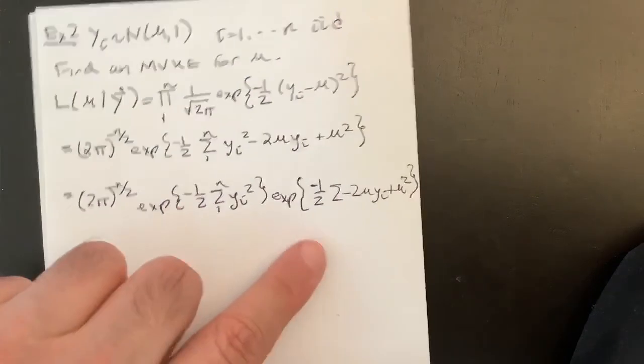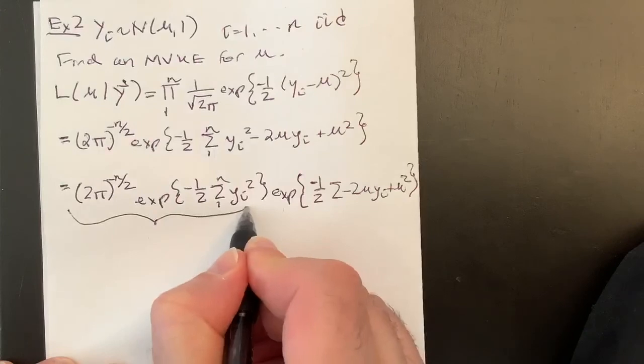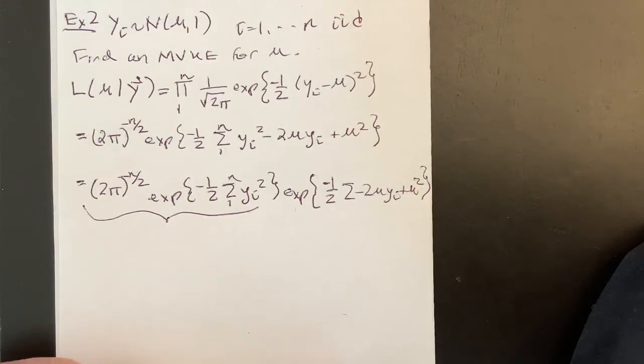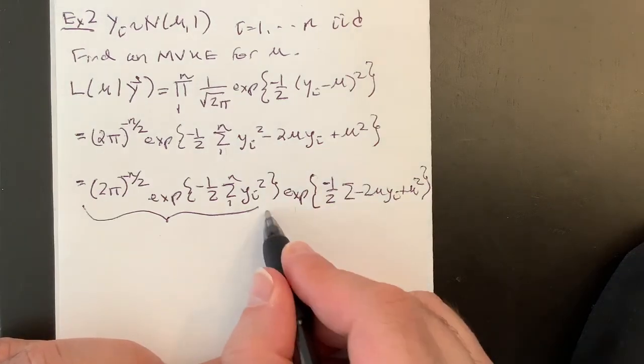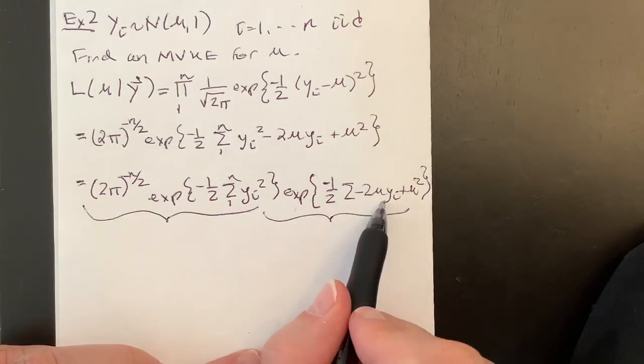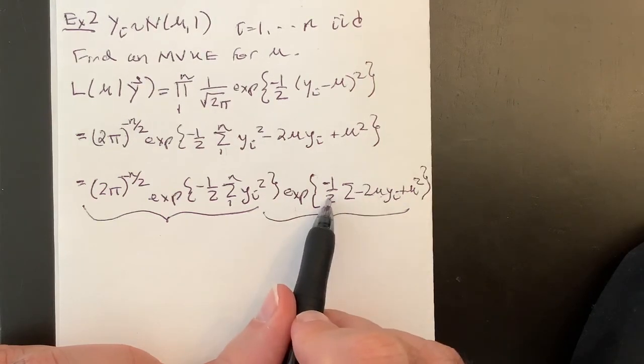This first one does not involve mu, but it does involve the sample outside of the sufficient statistic, and this other part is just a function of mu and a sufficient statistic, because I can take the minus 2 mu outside.